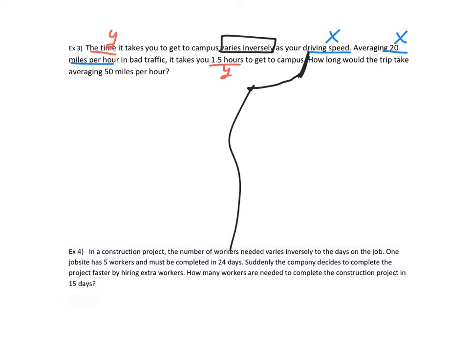The first part of it I'm going to do on the left. This is where we have to figure out our constant given known information. Well, here's what we know. Inverse variation: y equals k over x. We know the y is 1.5 hours when the x was 20 miles per hour.